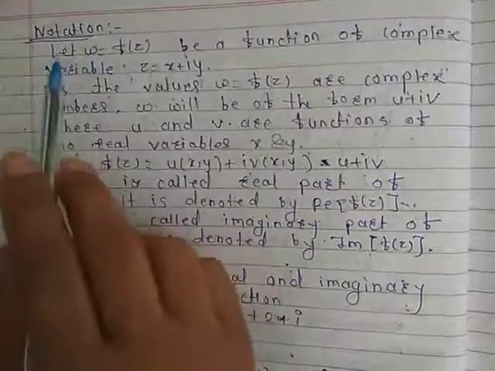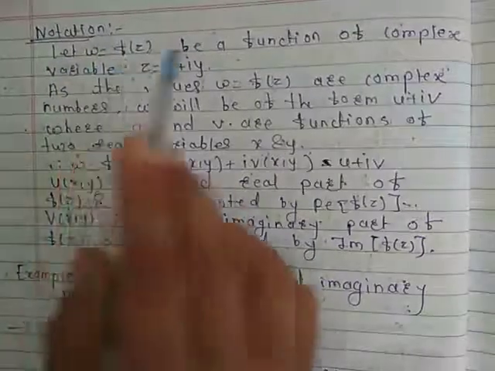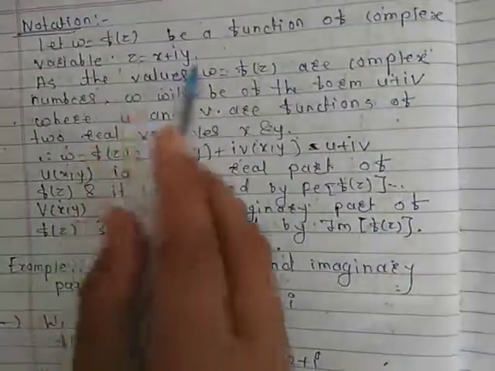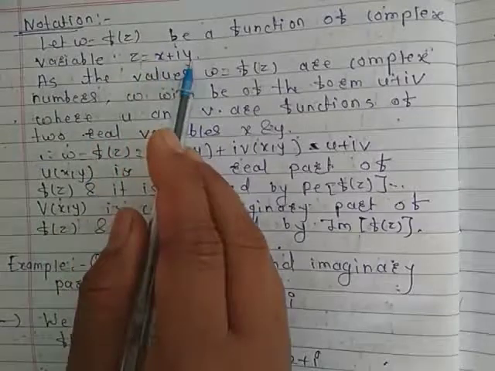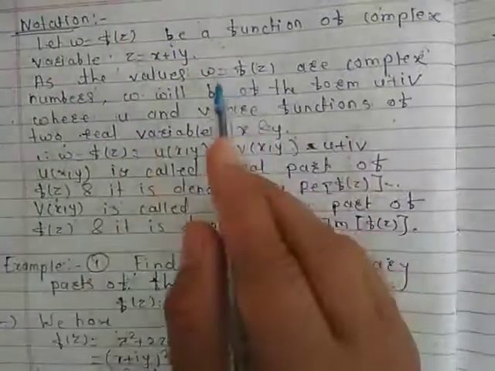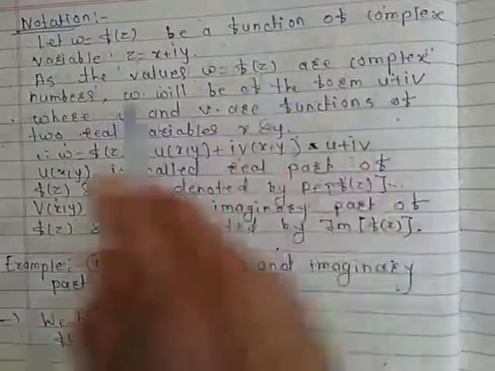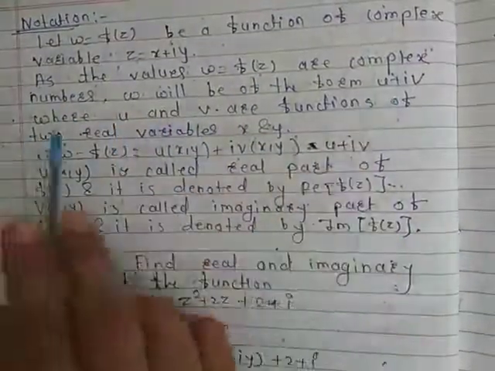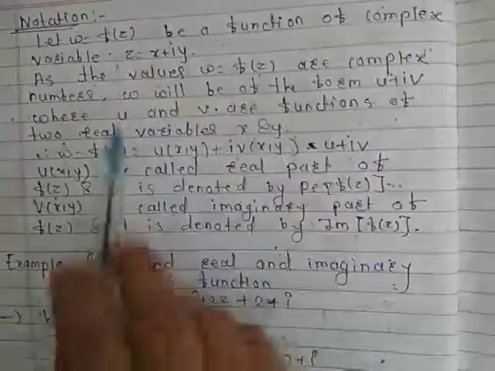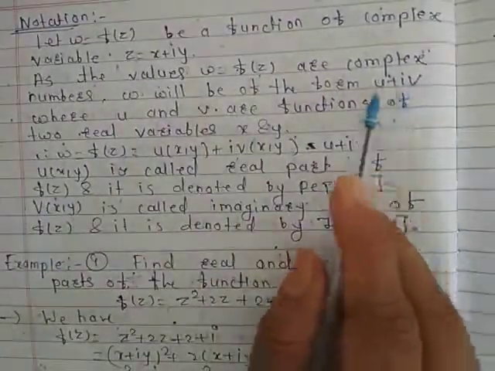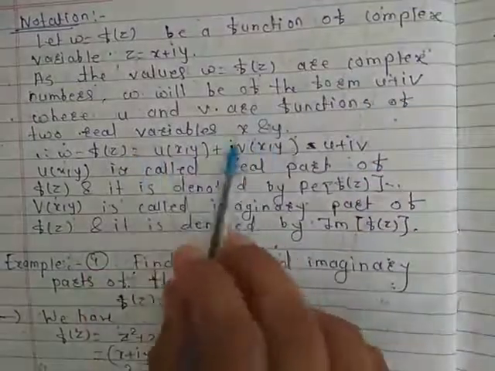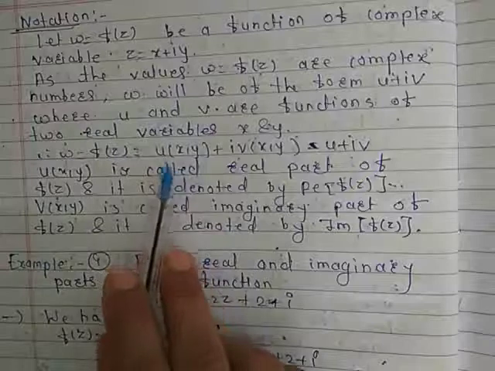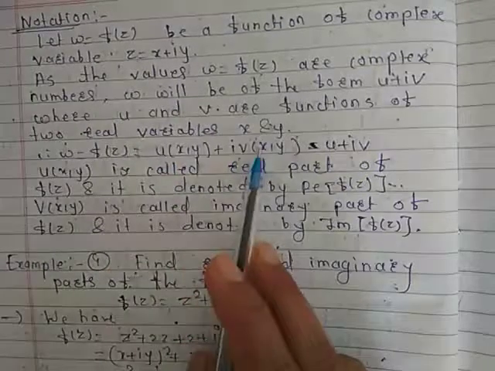Let us see notation. Let omega equals f of z be a function of complex variable z equals x plus iy. As the values of omega equals f of z are complex numbers, omega will be of the form u plus iv, where u and v are functions of real variables x and y. So omega equals f of z can be written as u of x,y plus i into v of x,y.